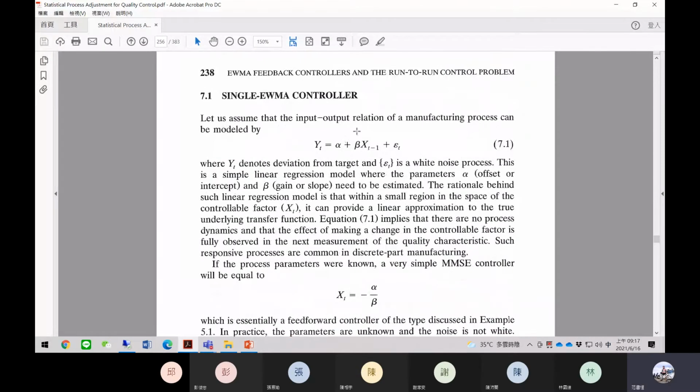This is something we like to update from run to run. B is the estimate of beta, and how can we continuously adjust alpha, the estimate of alpha, in order to make the output as close to the target as possible?